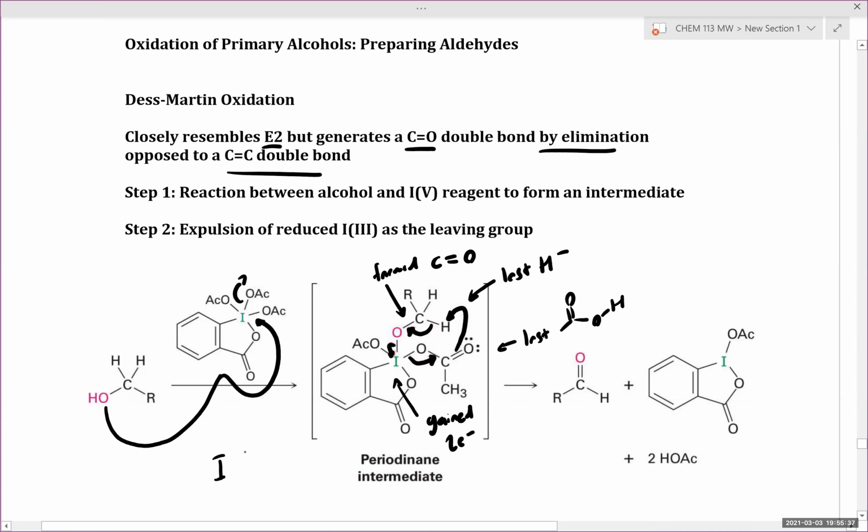So we've gone from iodine 5 to iodine 3. So Dess-Martin periodinane oxidized our alcohol up to the aldehyde, and this is a 2 electron oxidation. So we've lost a single equivalent of hydride. Does that make sense to everyone?